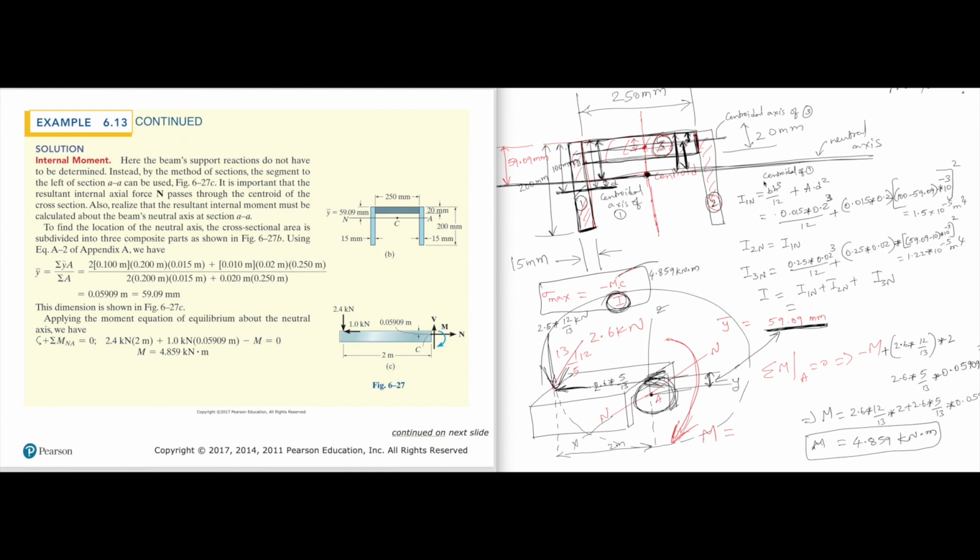So the total is 0.5 times 2 plus 1.22 times 10 power minus 5. I got 4.22 times 10 power minus 5 meter to the power 4.